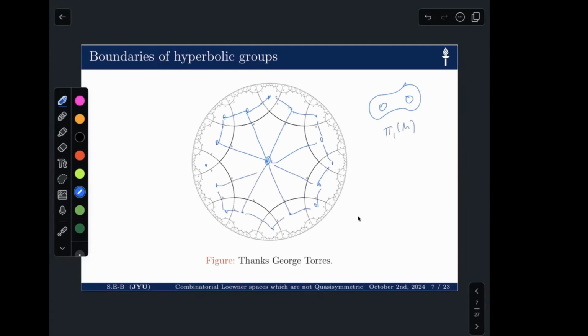What you also see here is that this fundamental group is quasi-isometric to the hyperbolic plane: it's a dense subset, so every point is at a finite distance from it.